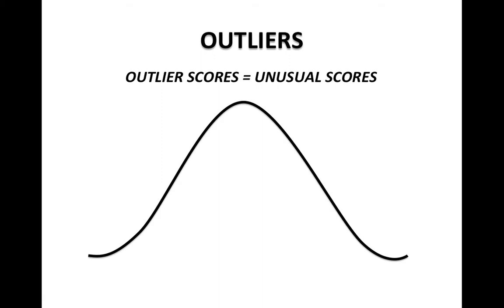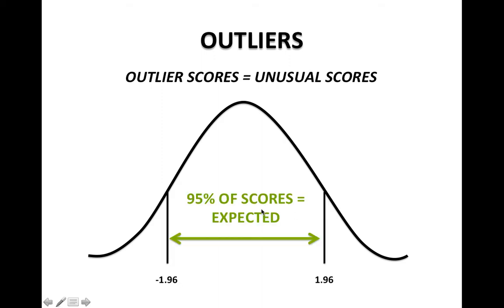So again, we're looking for unusual scores. In statistics, we have agreed that expected scores, so not unusual scores, fall within the middle 95%. That would be between negative 1.96 and positive 1.96.